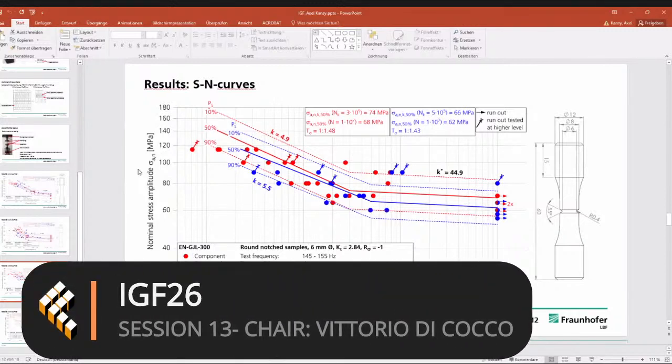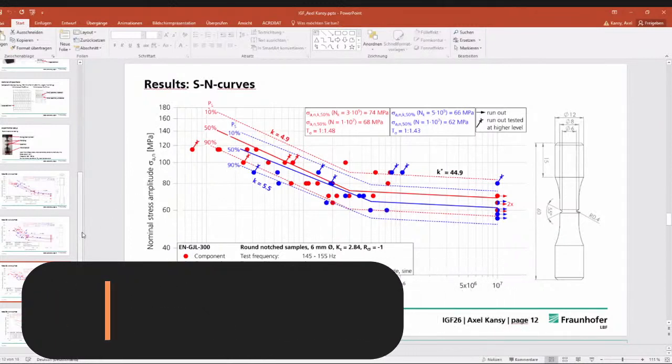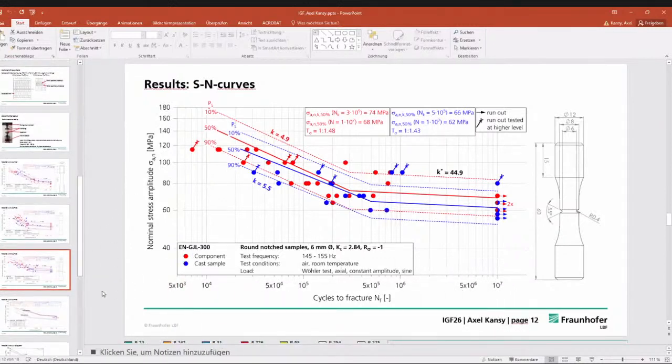Maybe the 14 or 18%, if the scatter band is quite high, is maybe not relevant. I know what you mean, and we checked it, and it is relevant. Okay, it's something that we all together have to investigate, since it's unexpected.